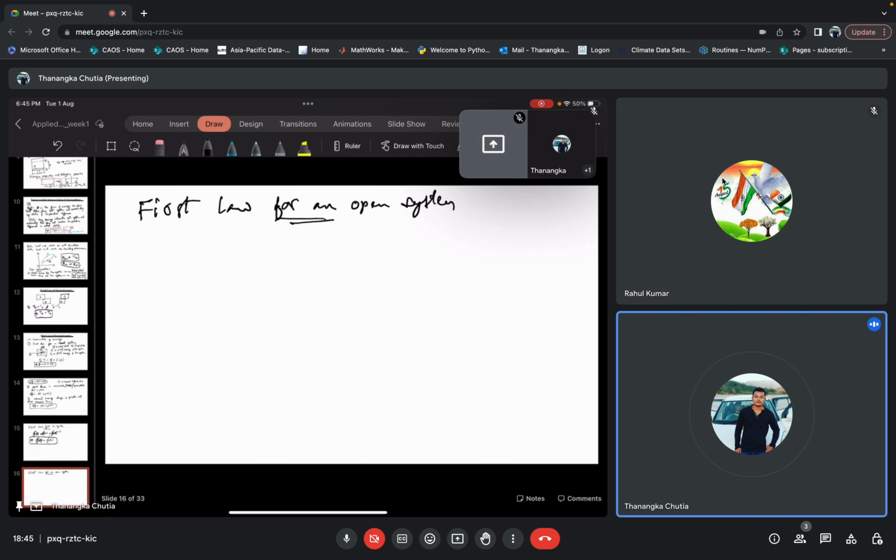Okay, suppose in an open system, what additional thing will be there? There will be some mass inflow and some mass outflow. From here m_i dot is coming in, and from here m_o dot is going out.